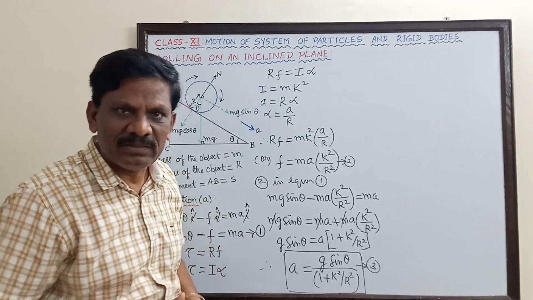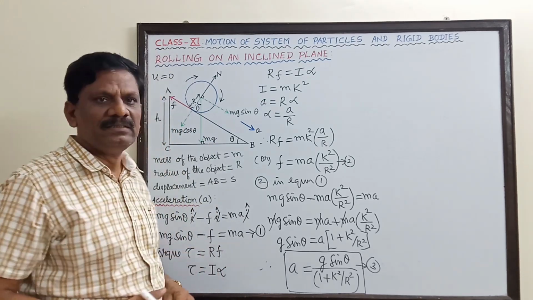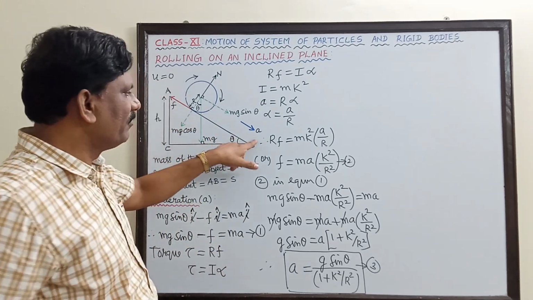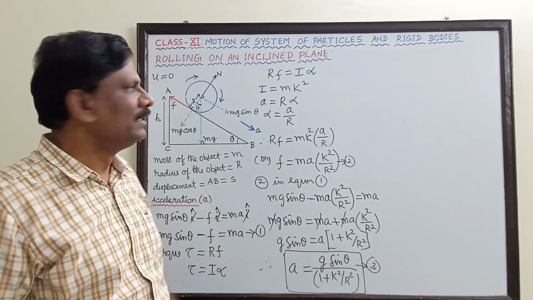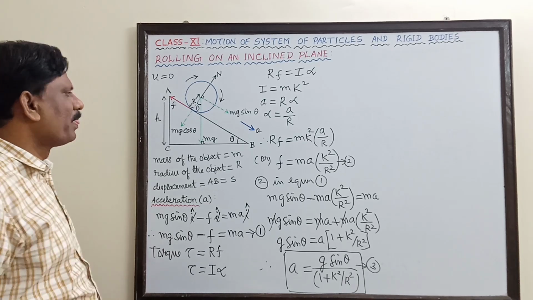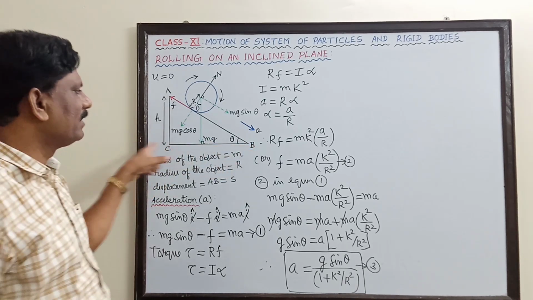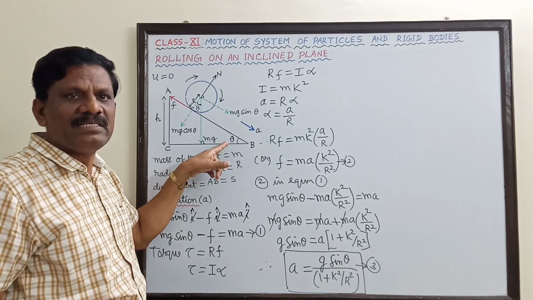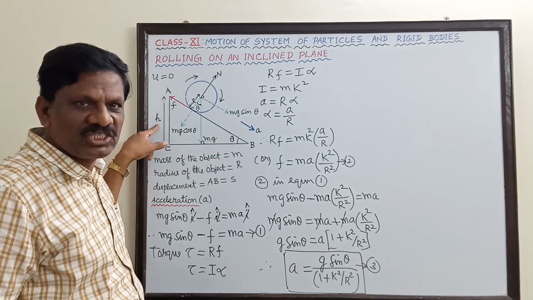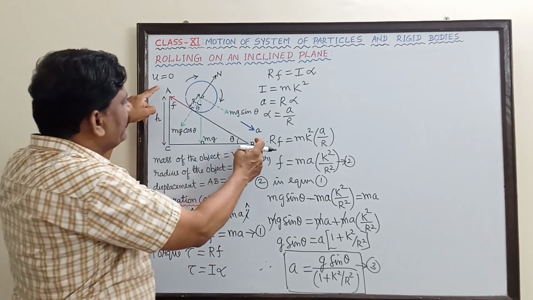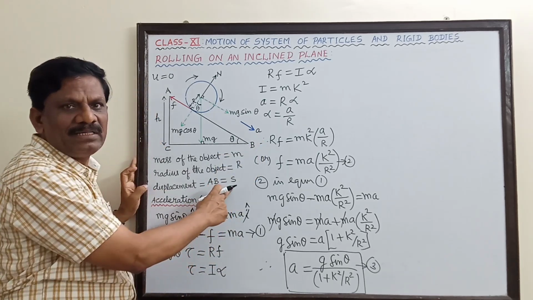Okay, have you understood? Now after this we are going to derive with what final velocity it will reach the point B. Understand? So for that you see here in this inclined surface, the angle of inclination is theta. Opposite side to theta is height h, and the hypotenuse AB is equal to the displacement s.